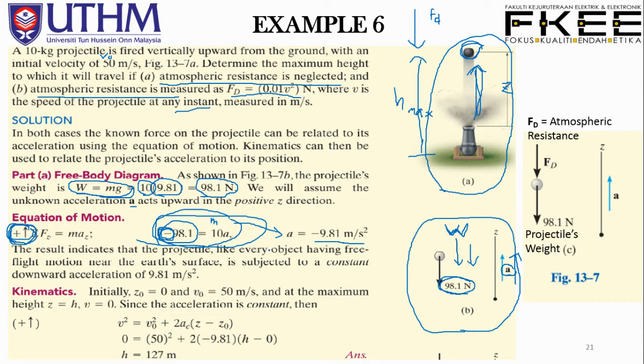So what does the result indicate? It shows that the projectile, like every object in free flight motion near the Earth's surface, is subjected to a constant downward acceleration of 9.81 meters per second squared, which is the gravity force.